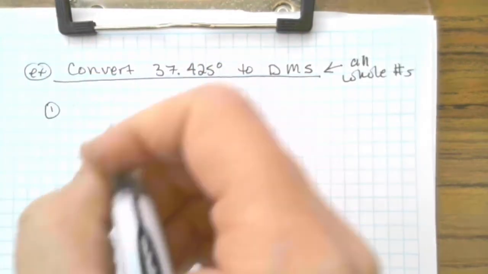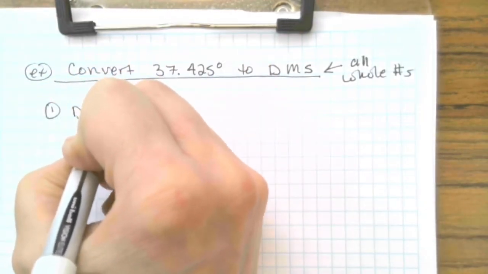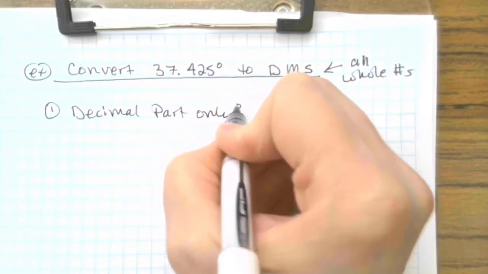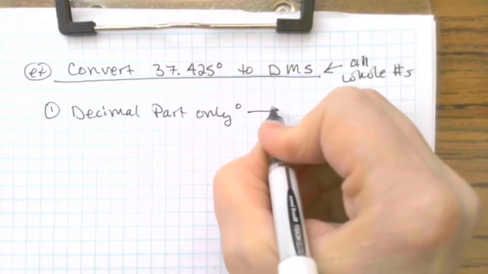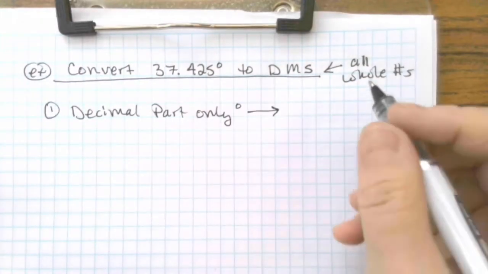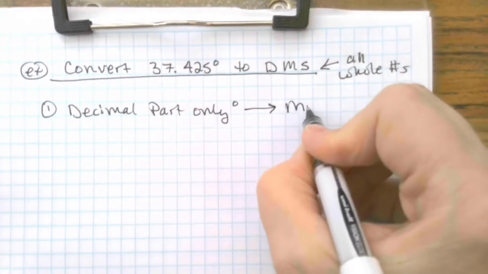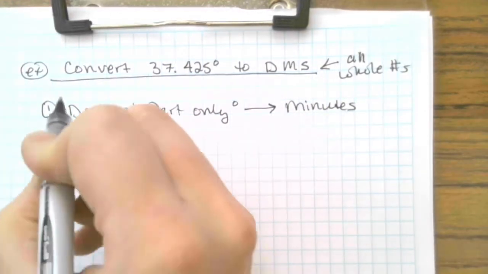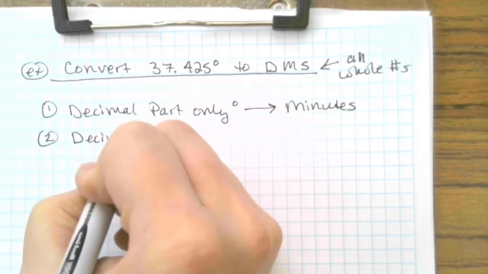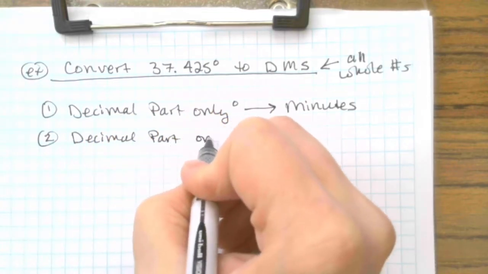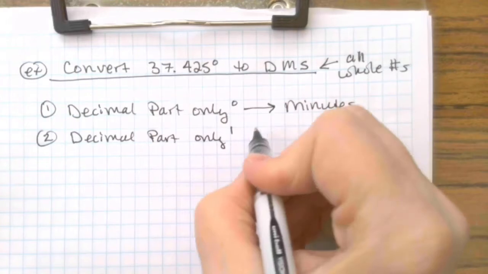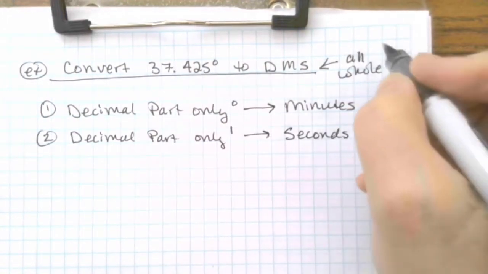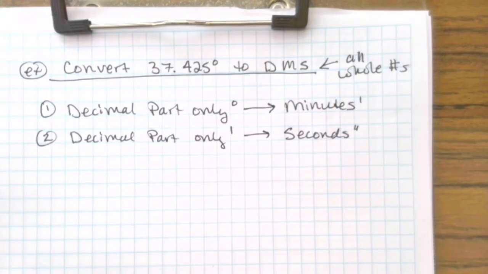You start by taking the decimal part only, which is in degrees, and you're going to change that to minutes. Then, number 2, you take the decimal part only of the minutes and you convert it to seconds. It's a pretty easy process.